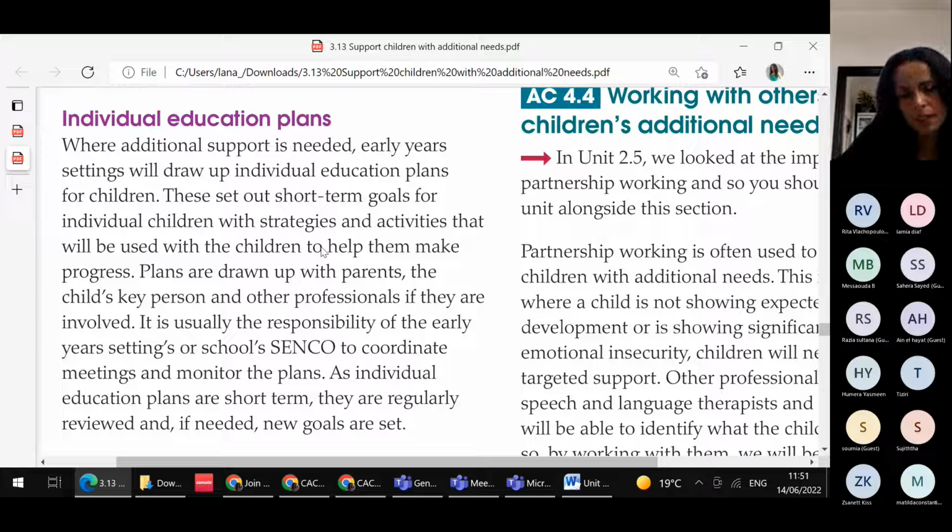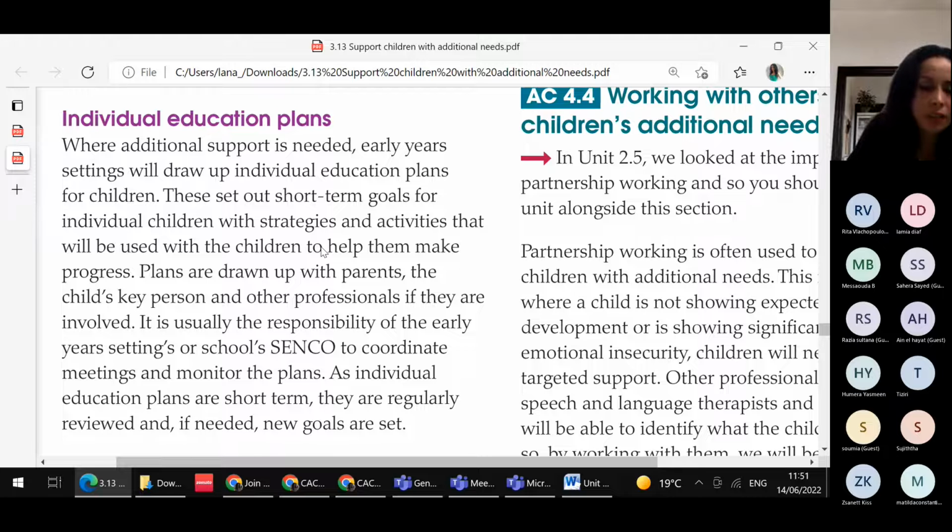The early years setting or the nursery has an individual education plan for every child. This educational plan would go with the child when they progress to school. So all the information about the child's development will be there.